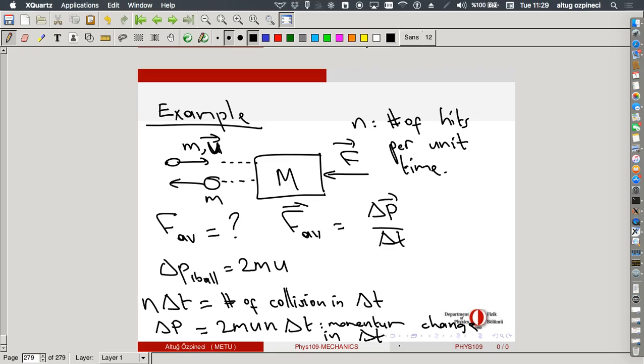Well, if this is the momentum change, divide by delta t, that will give you the average force. This is equal to 2mu²n. So this will be the average force exerted on my box during this time.